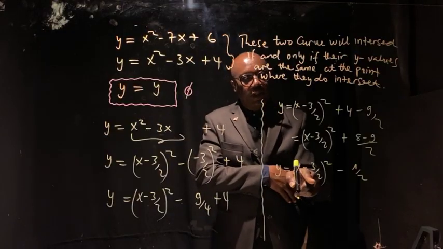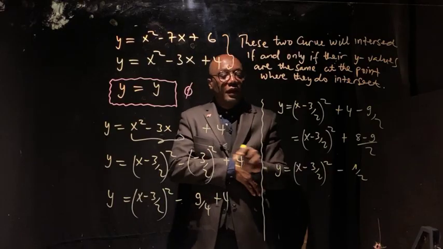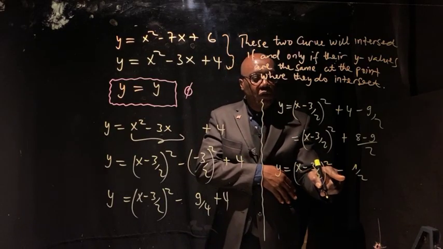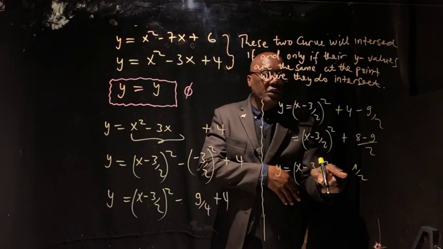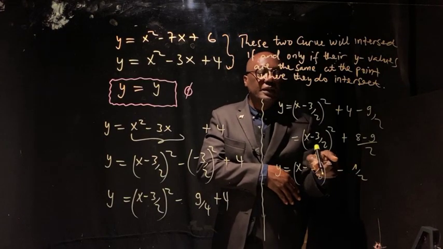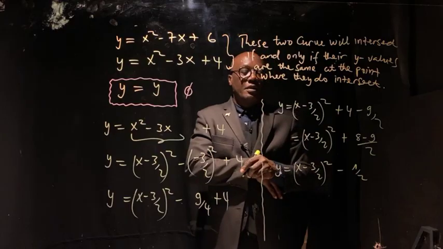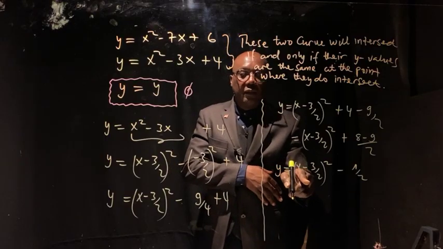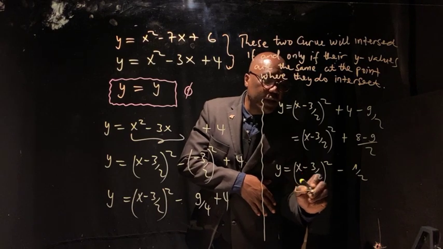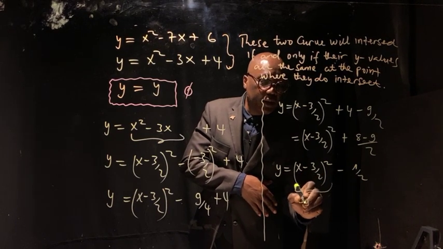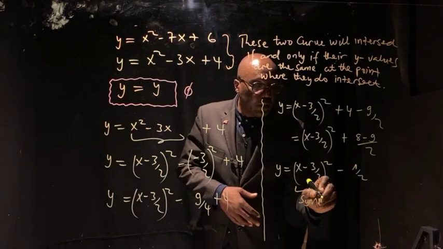This is the symmetrical term, and this is the y minimum. Because the y minimum term is minus half, it indicates that this curve also will cross the x-axis. This is the symmetrical term.